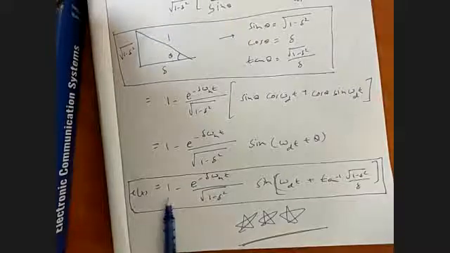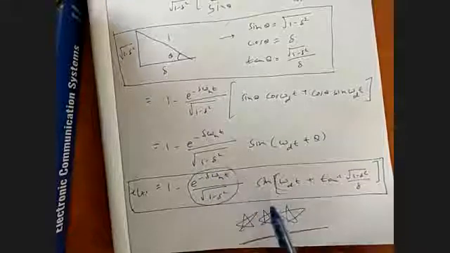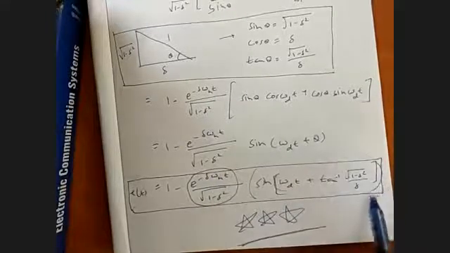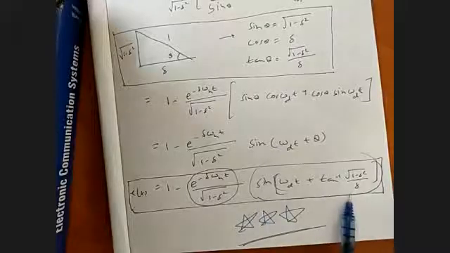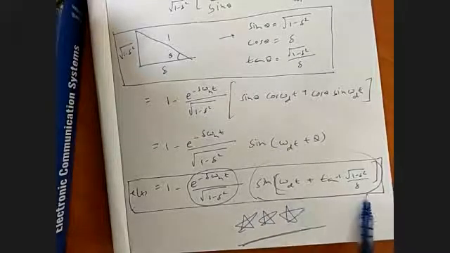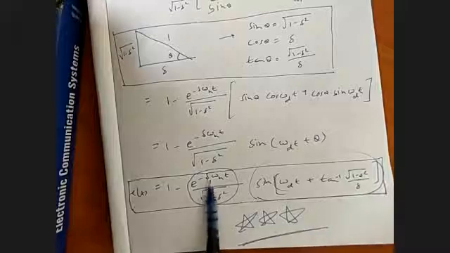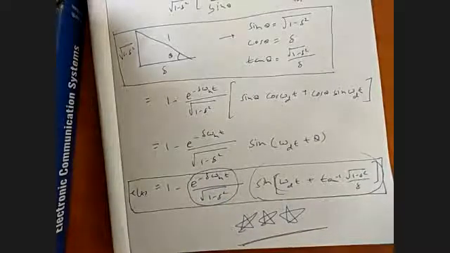Now, this is 1 minus. These are two terms, one is this and one is this. Because this is a sine term, it is also decaying with respect to time. And this is e raised to power minus delta omega n t, so this is also decaying with respect to time.